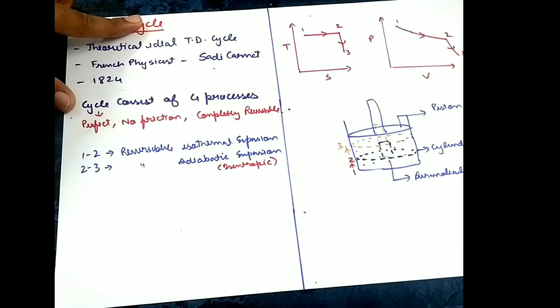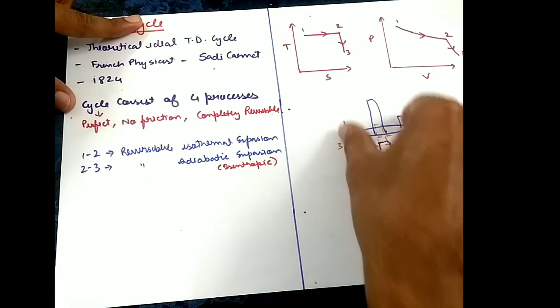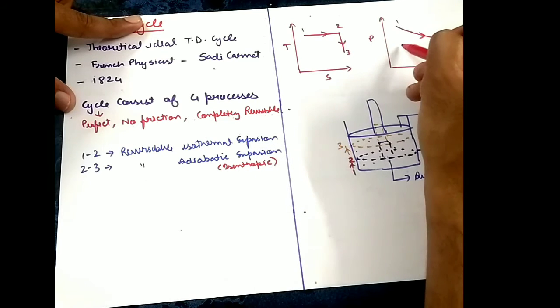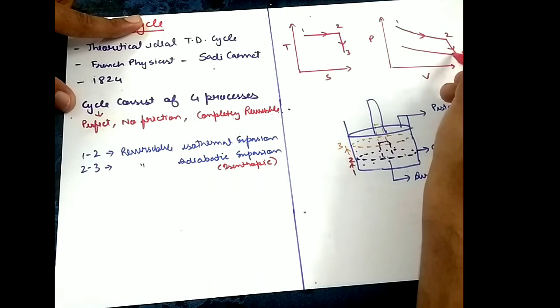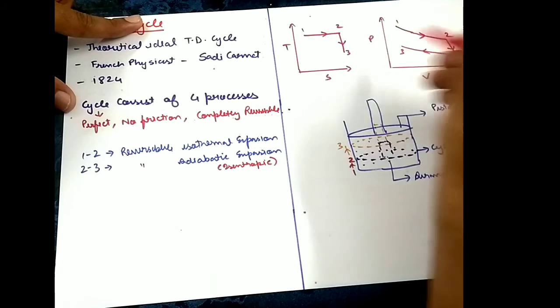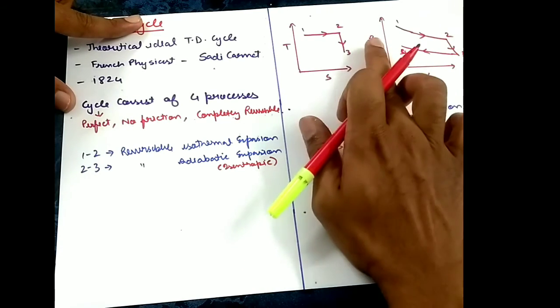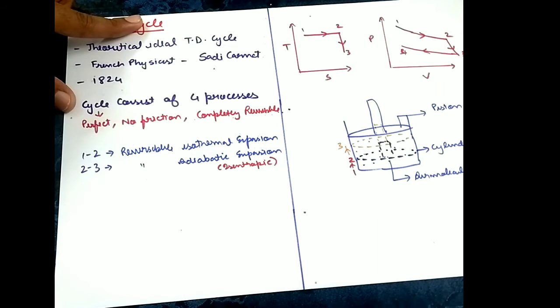Now the piston has moved to the maximum position. Now we'll push the piston down again. What is happening here? When the piston is pushed down, there will be a decrease in volume and an increase in pressure.